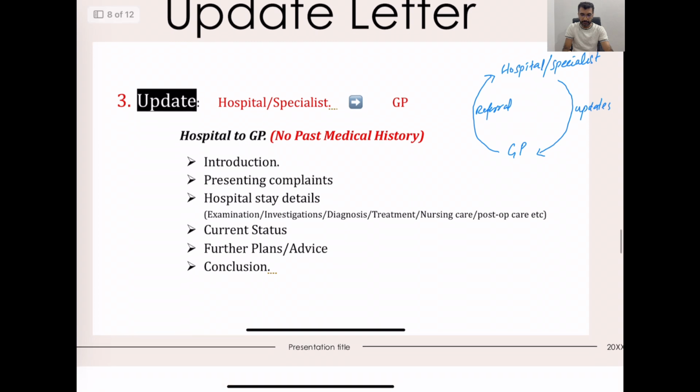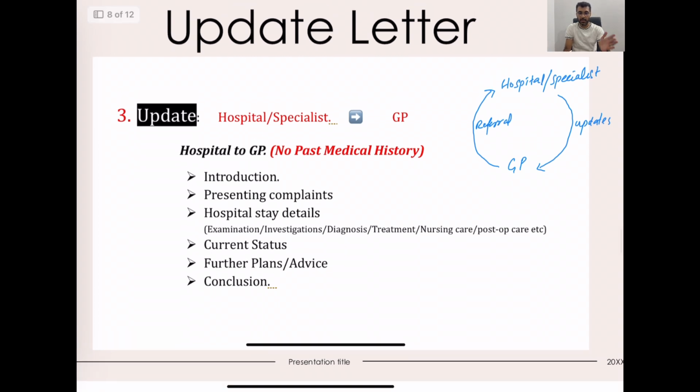So that is why we write an update letter. As we talked earlier, it goes from the hospital or specialist to the GP. The GP is the person who has an existing relationship with the patient, so we will omit past medical history here. We'll start with the introduction, then presenting complaint. So this is the structure for a letter written from the hospital to the GP.